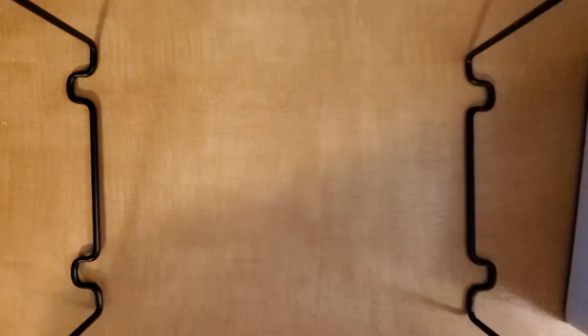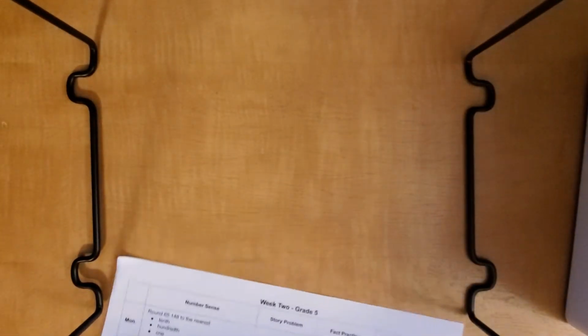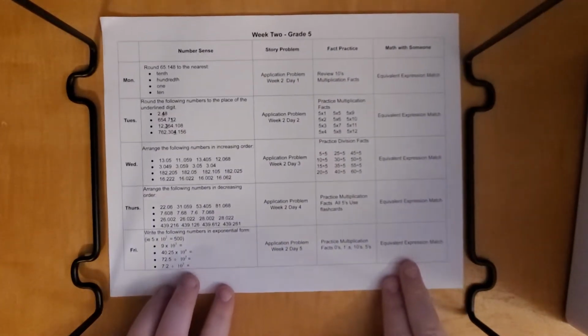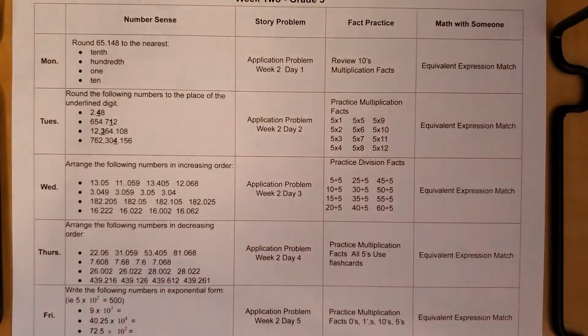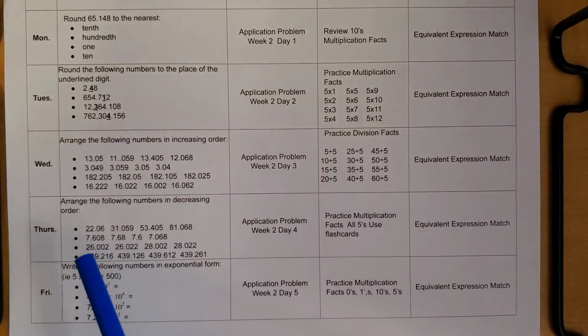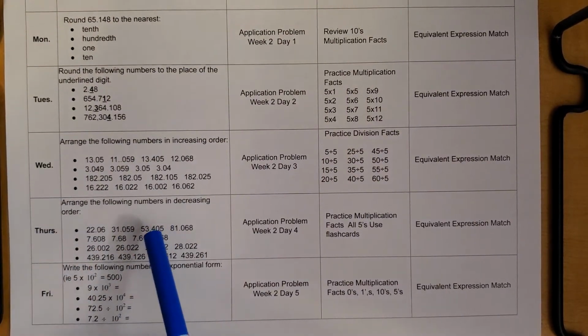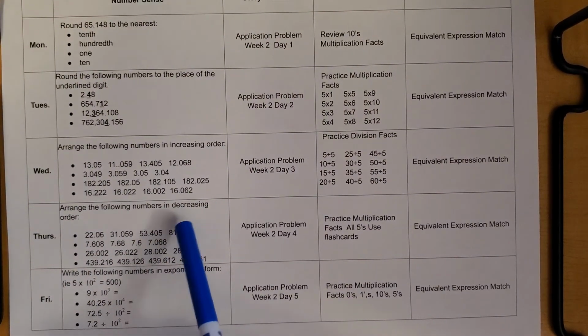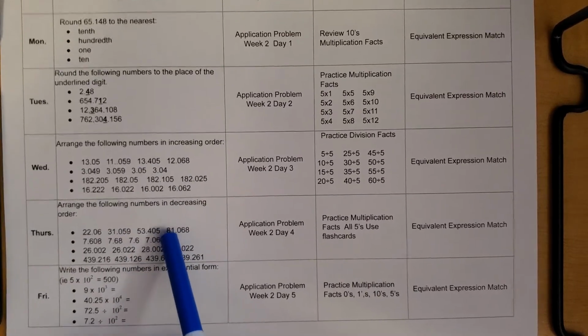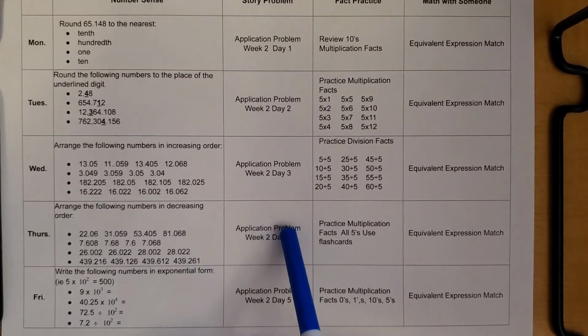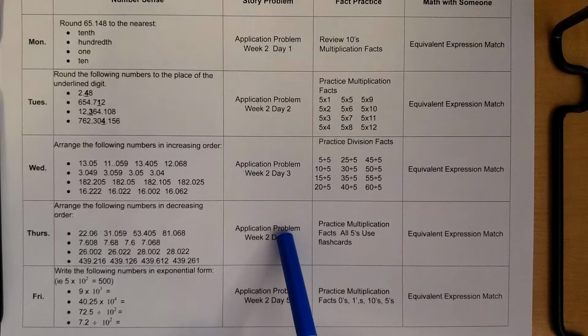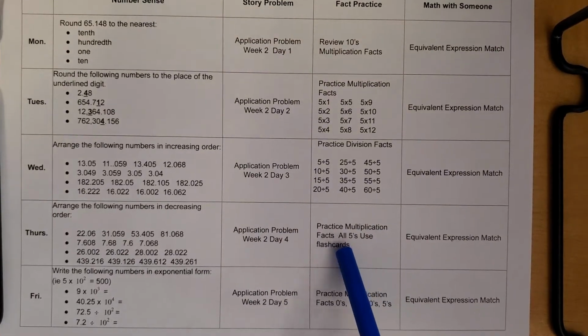Let's see. Just for good measure, let's go through this, make sure we're all on the same page for the day. We are on Thursday. It's almost Friday, guys. There's already a video up to help you out with your decreasing order stuff, so make sure you check out that video. I'm going to help you with the application problem in just a minute. Make sure that you're practicing those fives.